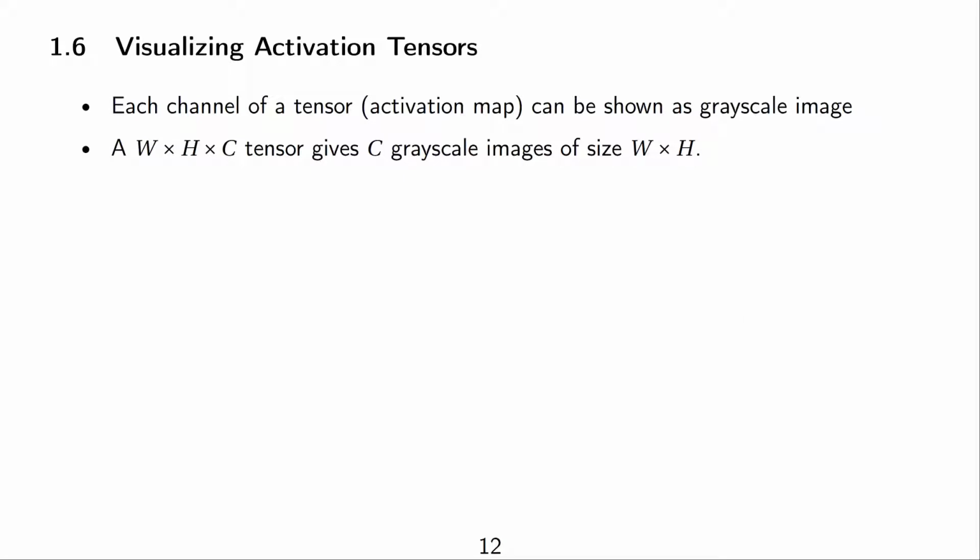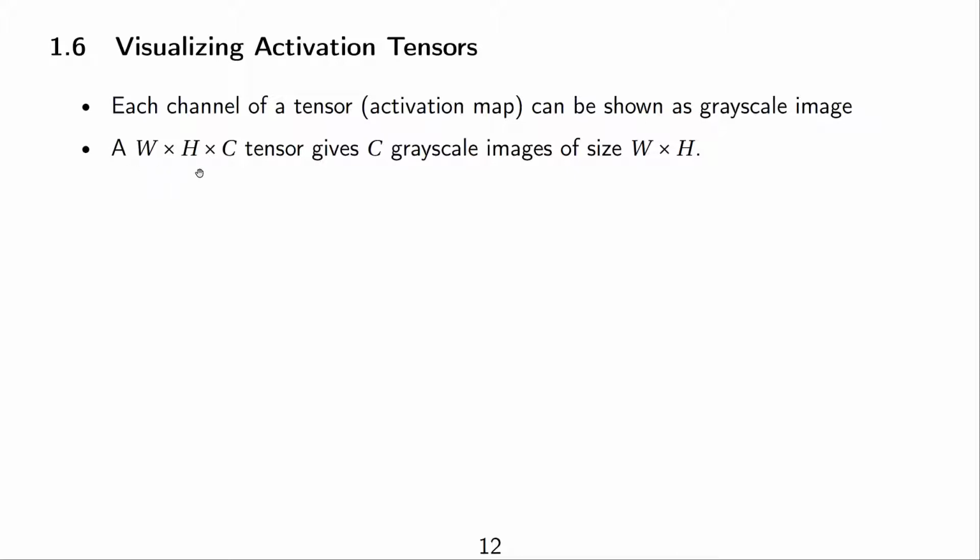But we can also visualize the activation tensors. A particular layer might output one tensor, and we can try to show each channel of such a tensor as a grayscale image.